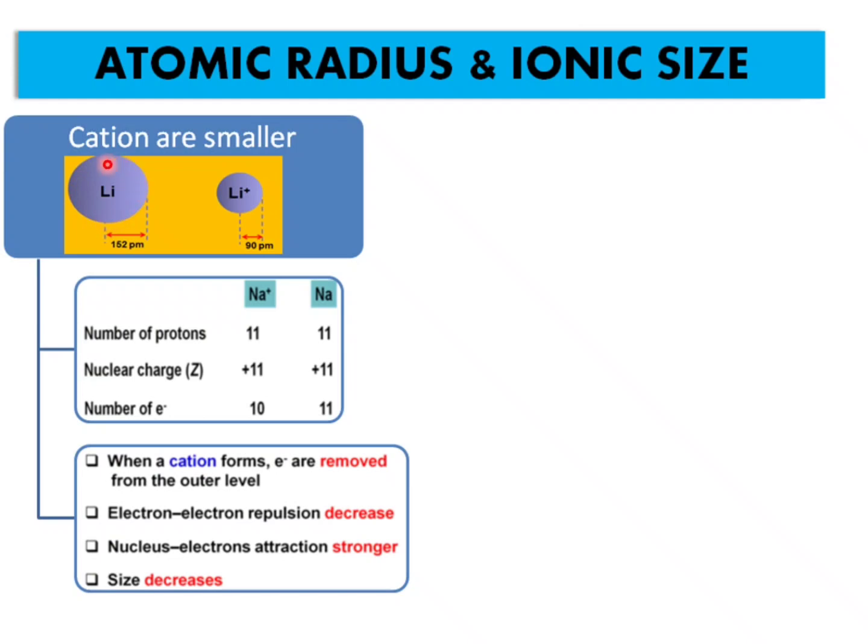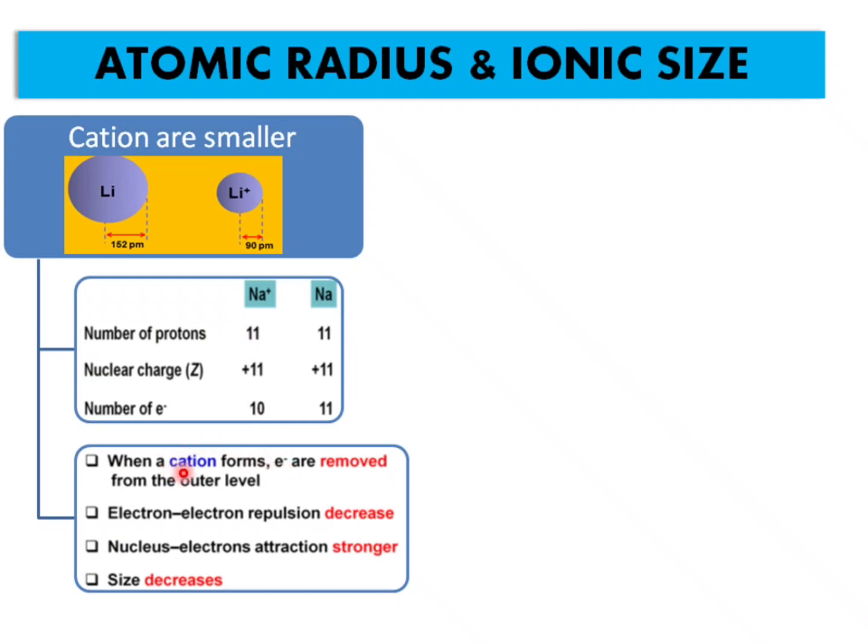Okay, gambar ni menunjukkan lithium. So kalau lithium atom, the size bigger than its ion. Nampak? Lithium ion, lithium plus, bila dia donate 1 electron become lithium plus, the size become smaller. Why size of cation smaller than its atom? So this is the reason guys.